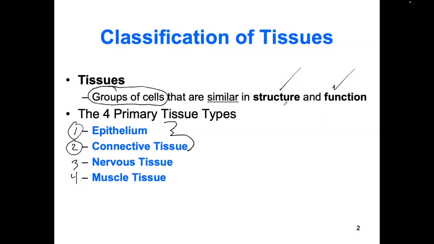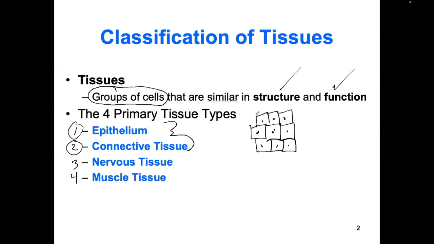What we need to be able to do is differentiate epithelial tissue from connective tissue under a microscope. We may see a bunch of cells with a nucleus, very closely packed together, like we see here.